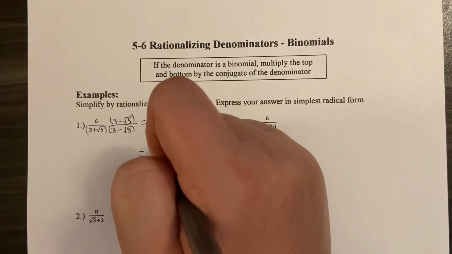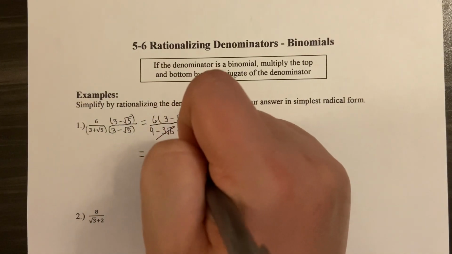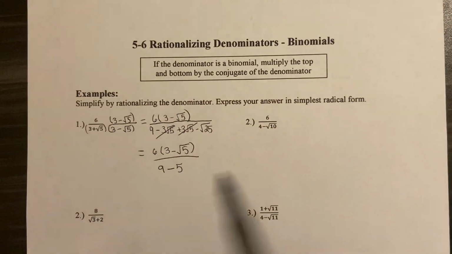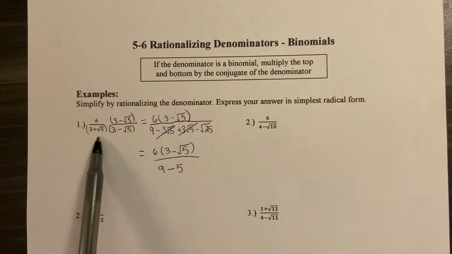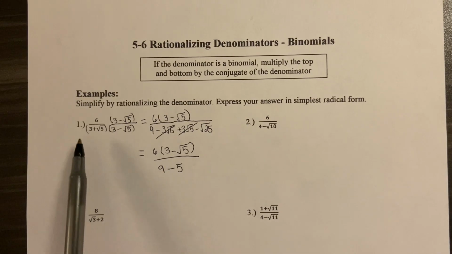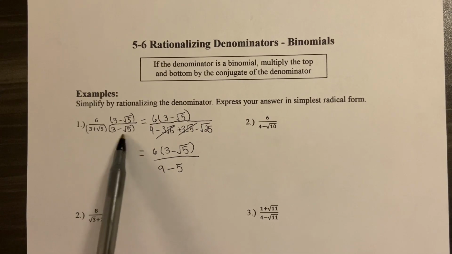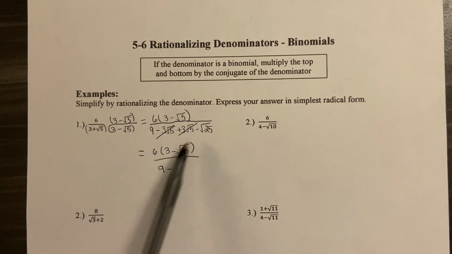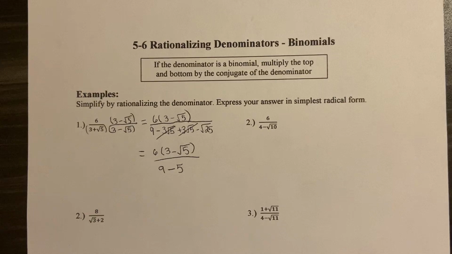So you have 6 times 3 minus radical 5, and then it's going to be 9 minus 5 on the bottom. So again, you can jump from this to this if you understand that 3 times 3 is 9, and square root of 5 times negative square root of 5 is just negative 5, because it gives you square root of 25, which ends up just being 5.